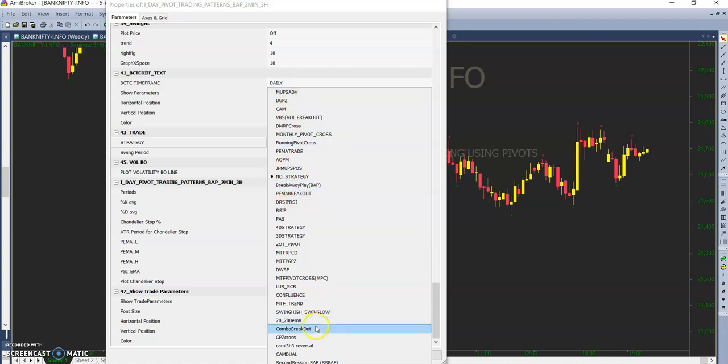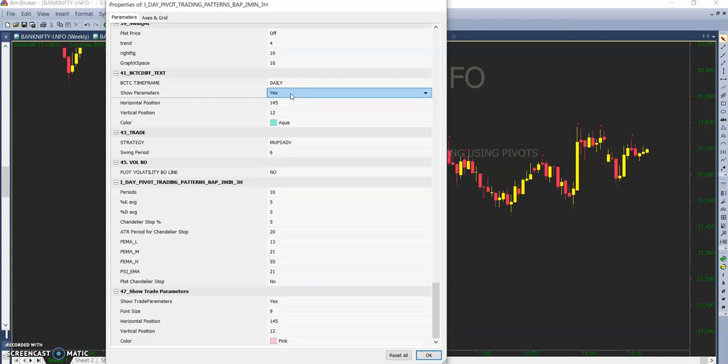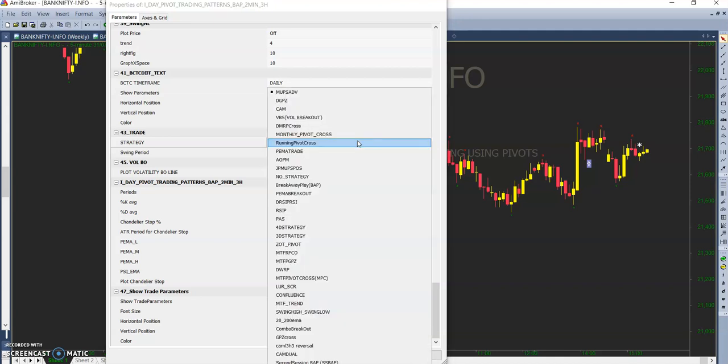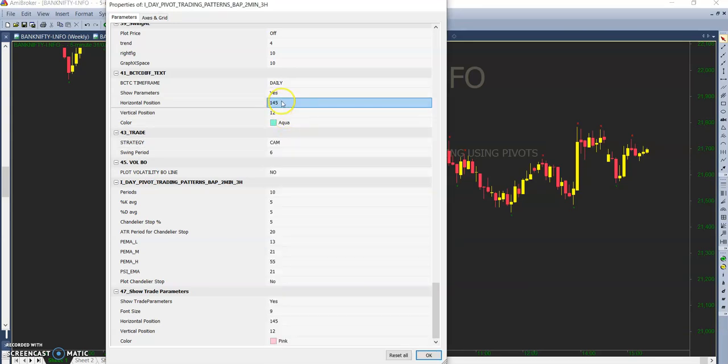You can also play around with grade B strategies. If you want to tweak these grade B strategies, you are welcome to do that. By default, this MUPS advanced is checked here, that is, enabled here. And if you want to play around with all these strategies, you can just keep checking this.